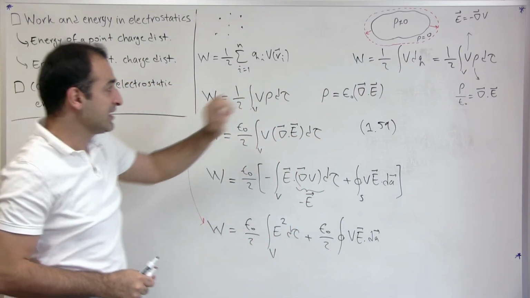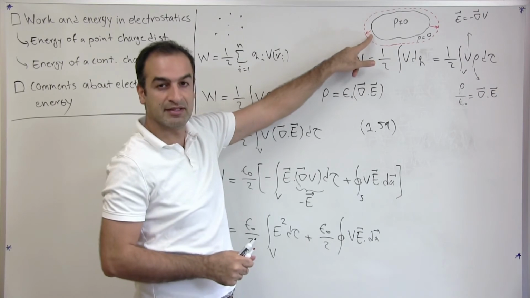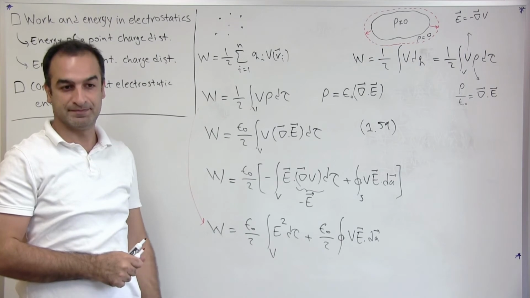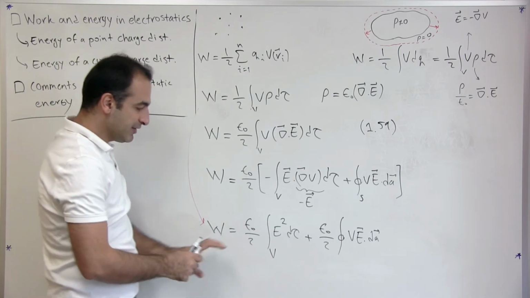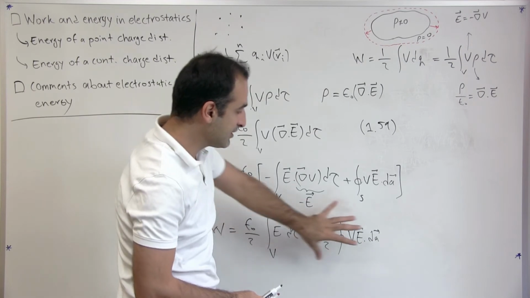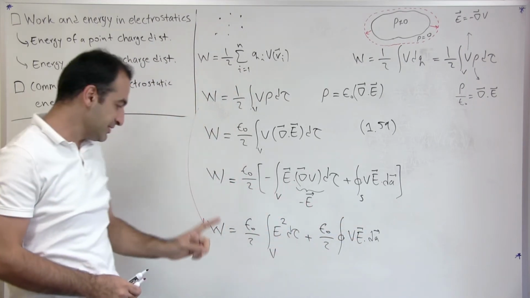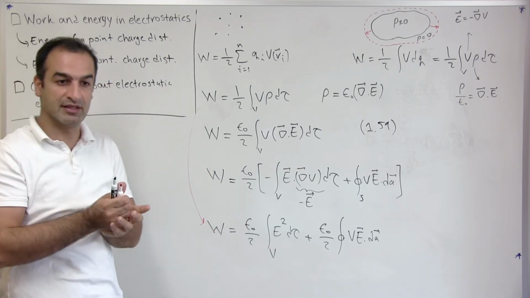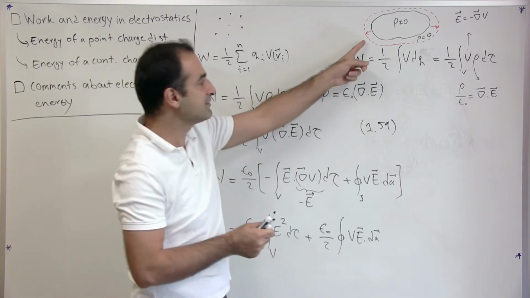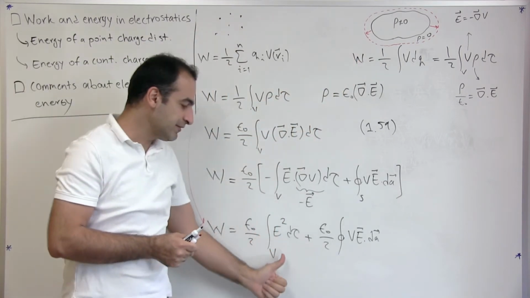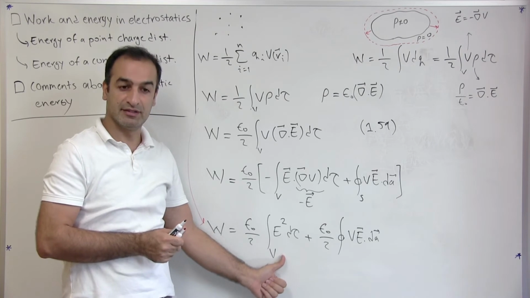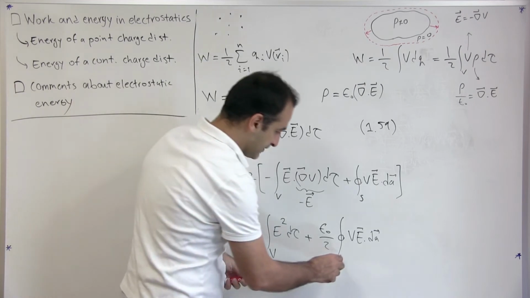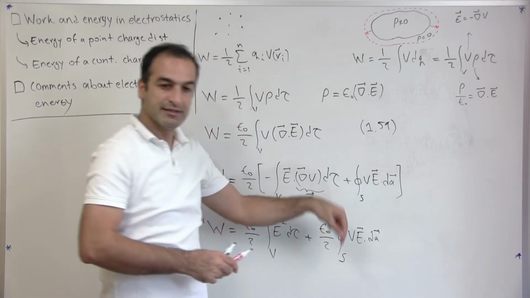So if we increase the limit of the integral, the value of the first term does increase. But the value of the combination of the first term plus the second term does not change, because the work W does not depend on the limit of the integral. What happens is that if you make this volume bigger, the contribution from the first term, the integral over volume, increases, and the contribution from the second term, the integral over the surface, decreases.